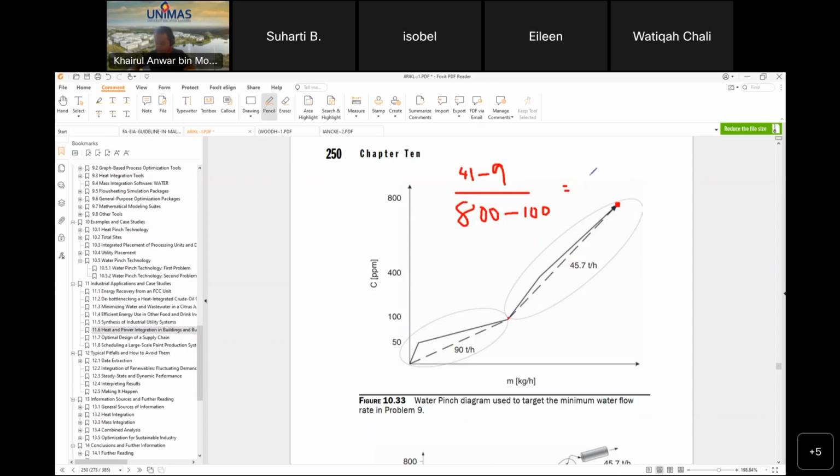Then to turn it to ton per hour, you need to multiply by 1,000 here. Then you get 45.7.